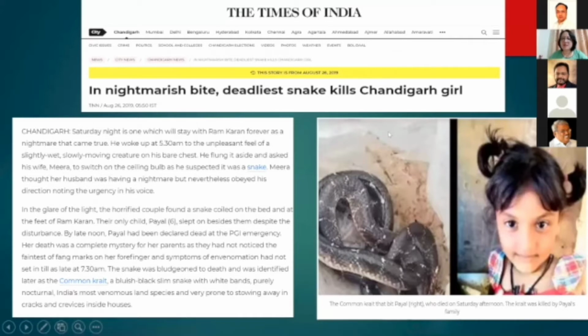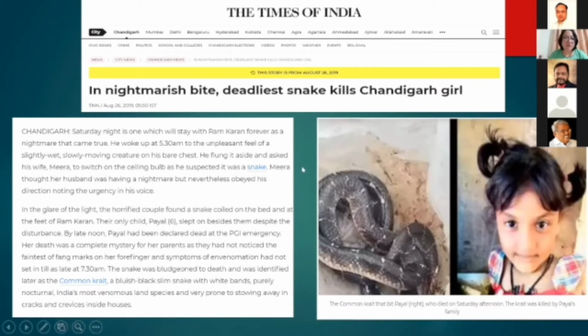This child's father, Ram Karan, was sleeping and woke up at around 5:30 a.m. to an unpleasant feeling, because there was a slightly wet, slowly moving creature on his bare chest. Firstly he flung it aside, and then he asked his wife to switch on the light. His wife thought that maybe he was having a nightmare, but she switched on the light.